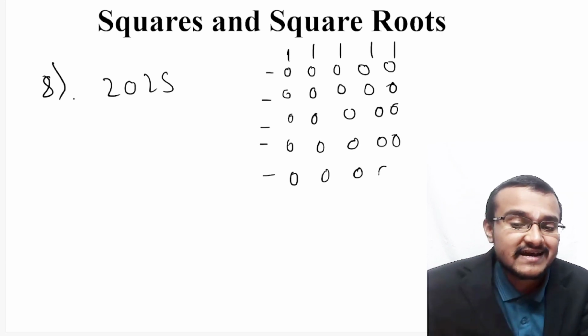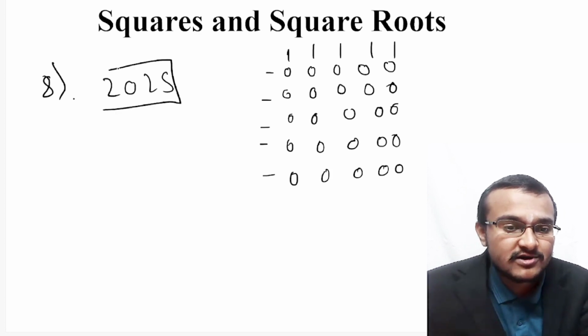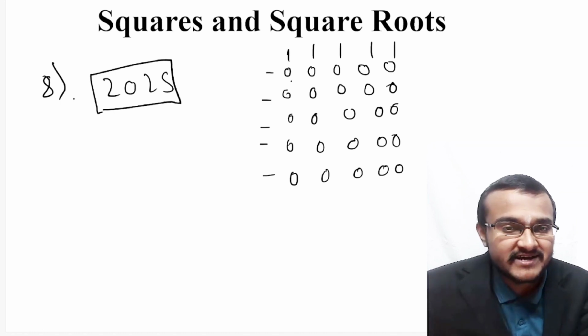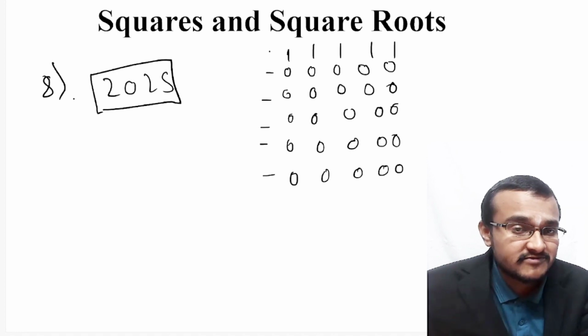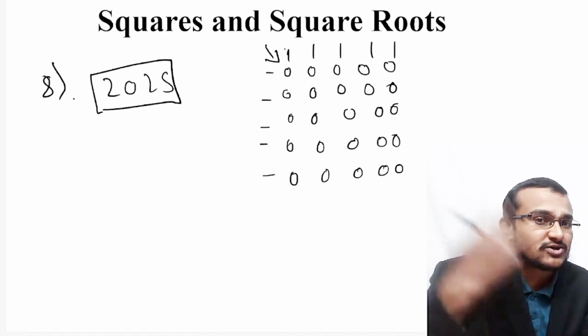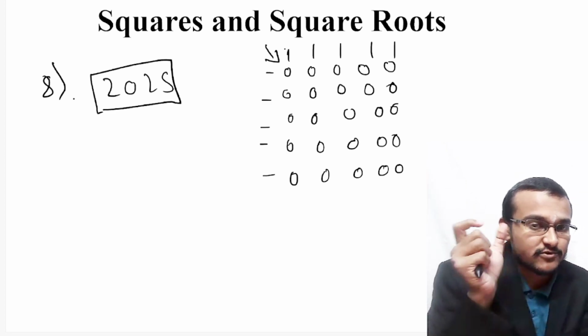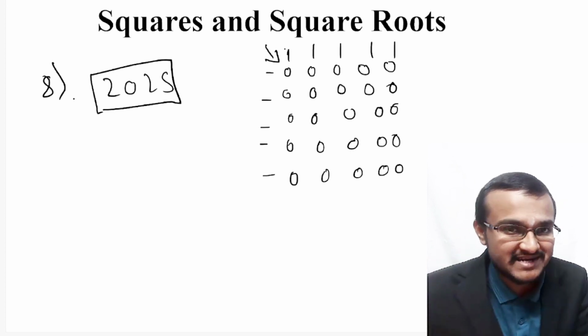So here indirectly you should find out the square root of 2025, because if you want to plant 2025 plants in a garden so that the number of rows will be equal to the number of columns, that will be rows into columns. That means you are multiplying the number of rows and the number of columns, and they are the same in number.